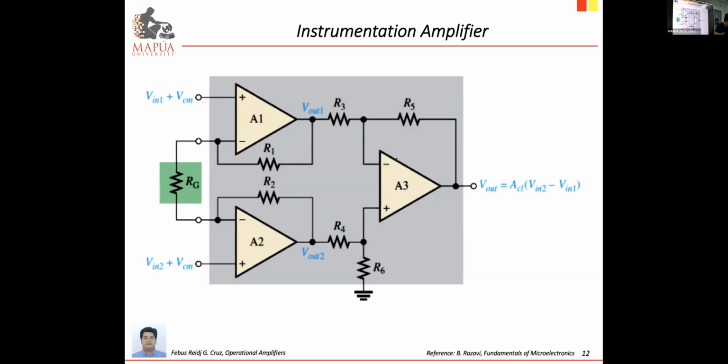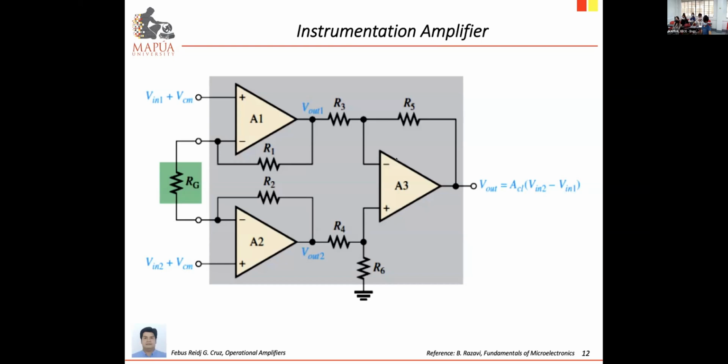You actually have a subtractor. Okay, what is the basic circuit in the instrumentation amp? A3 is a subtractor. How about A1? Non-inverting.